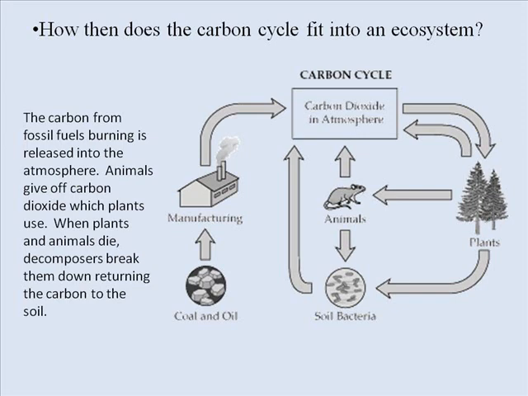And when we use those in manufacturing, if you look at that little factory, you see coming out of the smokestack, you see nasty smoke. That smoke has a lot of the carbon in it. So we're going to get the carbon into the atmosphere or air through burning of fossil fuels. Another way that carbon can get into the air, if you look at the little mouse in the picture, is when we breathe out, we're giving carbon to the atmosphere.